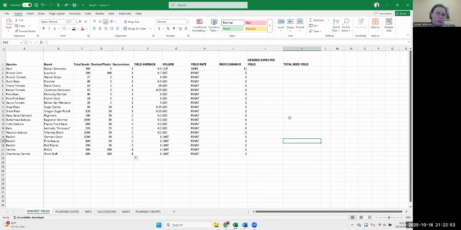Let's see, now that those are all transferred accurately, the average yield and the volume and the yield rates I just looked up. The reoccurrence is also something that I estimated. These are all vague estimates off Google searches because I am doing a homestead garden, and that means I'm just feeding me.